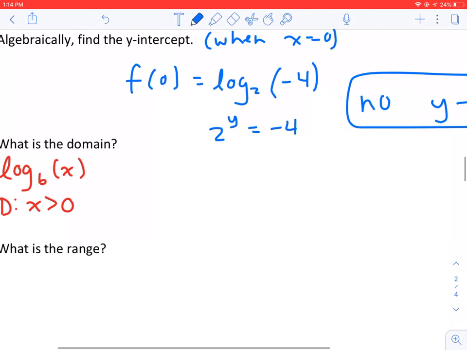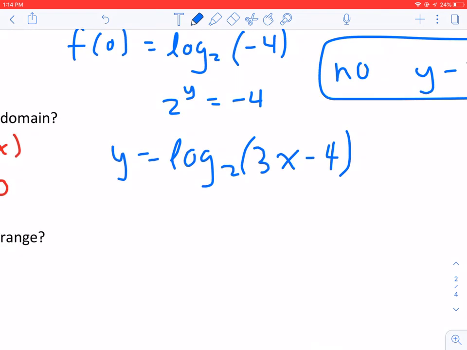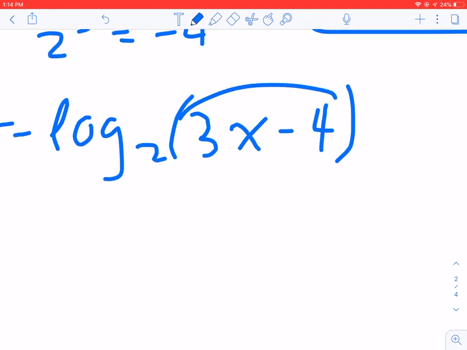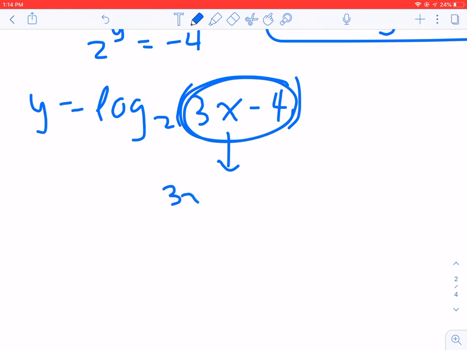So for this function, which is y equals log base 2 of 3x minus 4, kind of like with square root functions, you can't have a negative under the square root. For a log function, you can't take the log of 0 or a negative number. So to get the domain, all we have to do is take this argument, what we're taking the log of, 3x minus 4, and set that to be greater than 0, because we can only take the log of numbers greater than 0.